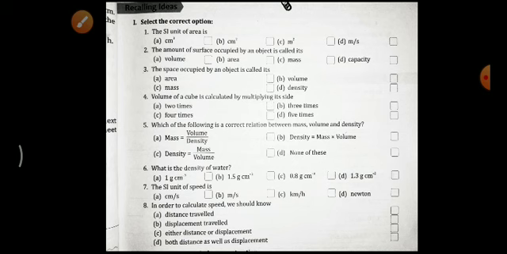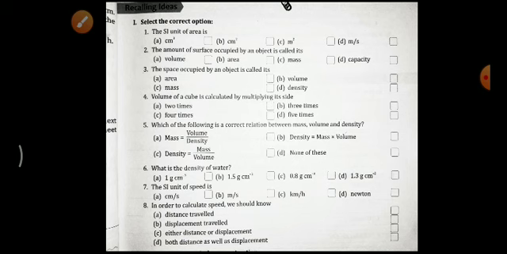Select the correct option. First question: the SI unit of area is what? You know that different units are present. That means SI system of units, CGS system of units, MKS system of units, different types of units are there. So here the question is asking the SI unit of area. Centimeter cube, we cannot take, because centimeter does not belong to the SI system of units.